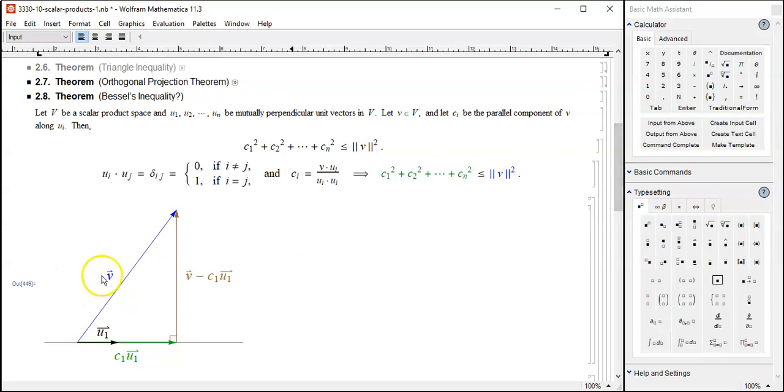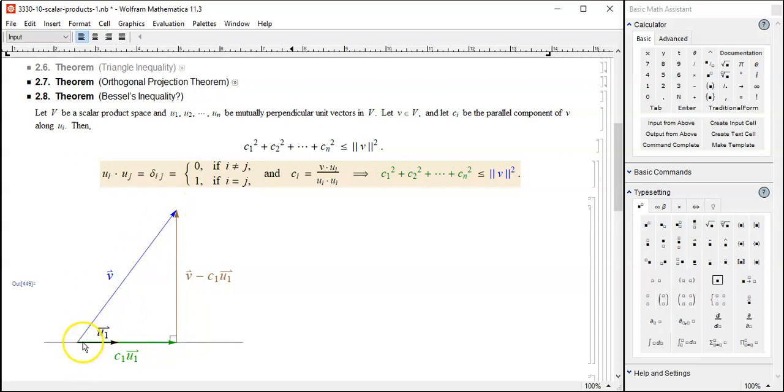So we have V and just U1, so you don't have any of these. And can you see C1 squared is less than V squared? C1 squared is this one squared, and V squared is the hypotenuse squared. Which is longer, hypotenuse or side? The hypotenuse is longer, of course.